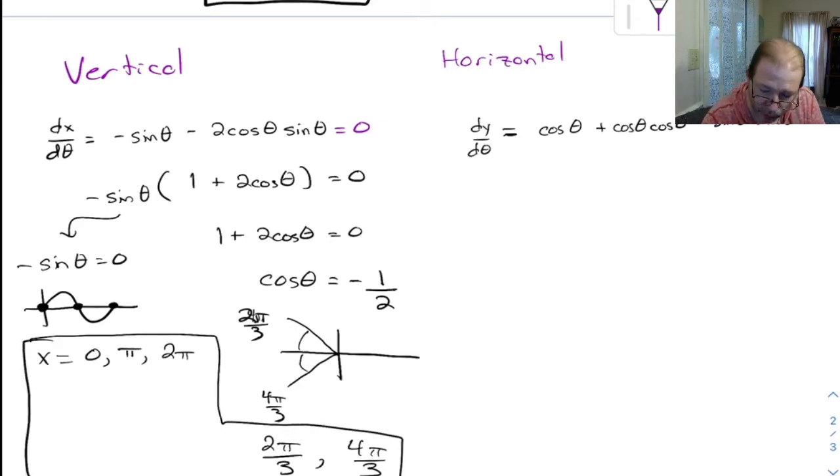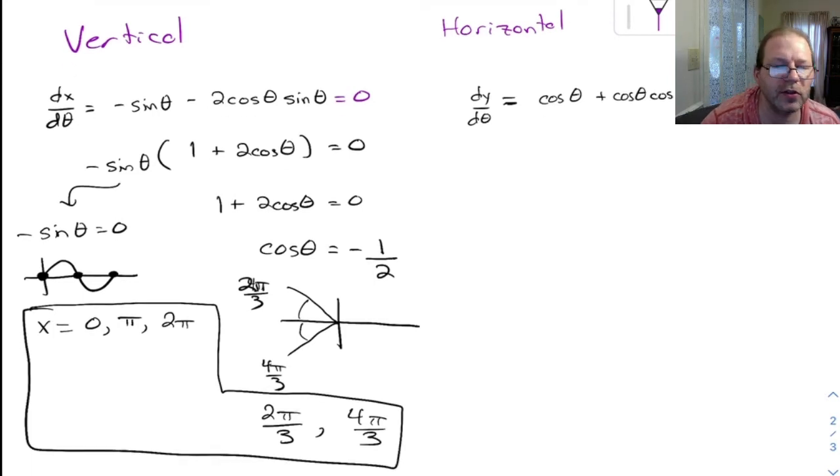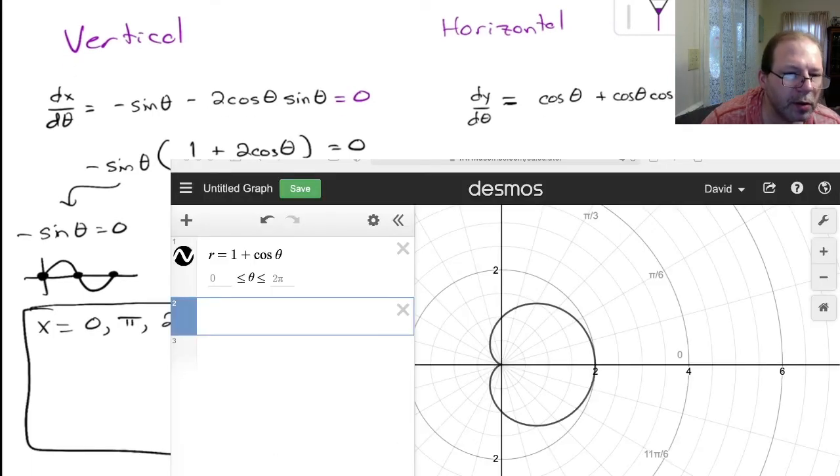Now, if you have forgotten how to do this, then the best thing for you to do is go back and learn how to do it again. The second best thing for you to do is to realize how to solve this using a computer. Here's what I would do. I'm going to turn that off for a second.